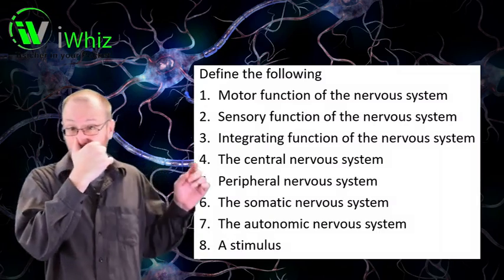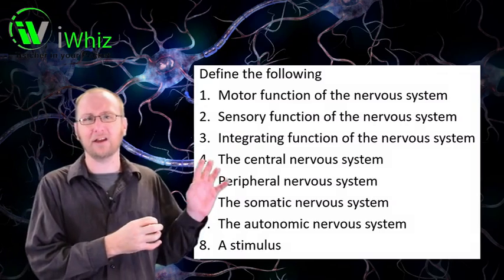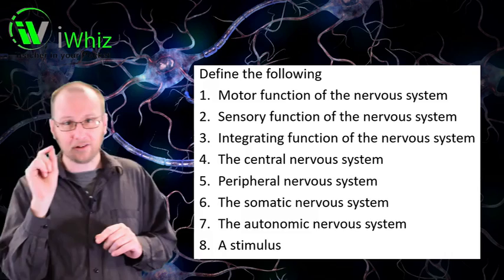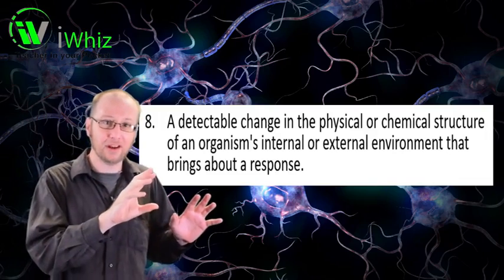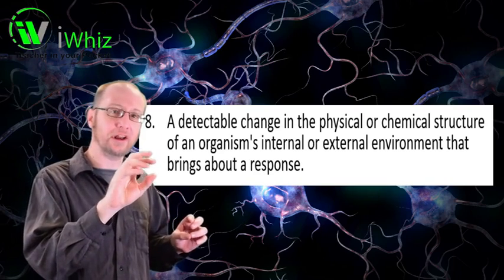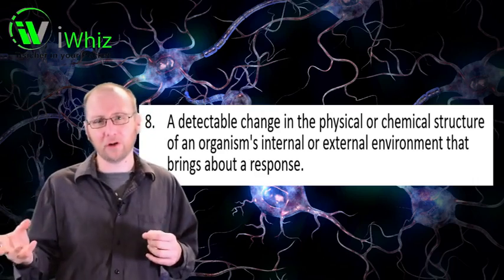And then the last term we need to define here is a stimulus. A couple of seconds, come on. So a stimulus is a change in the external or internal environment that brings about a response in an organism.